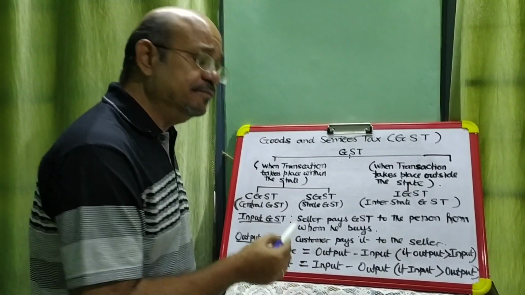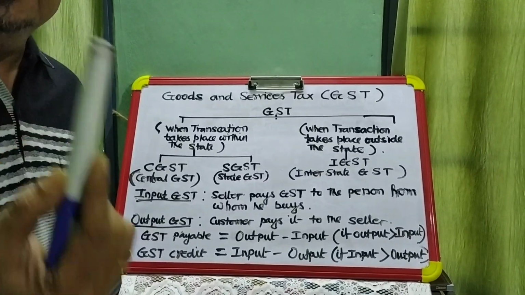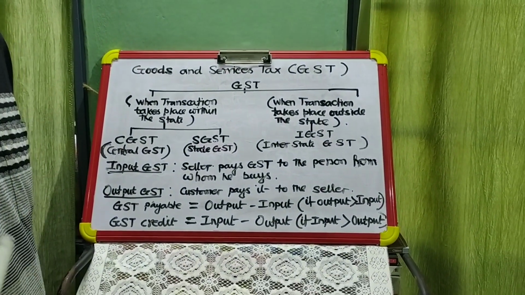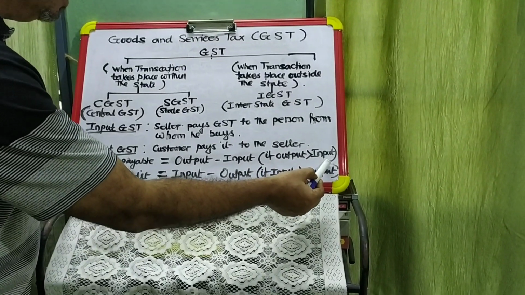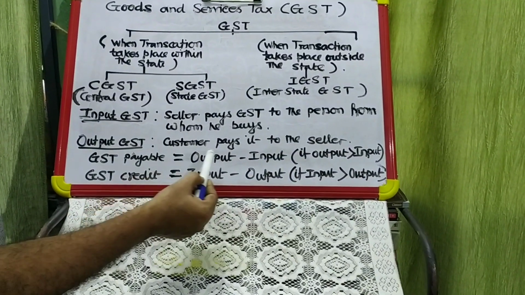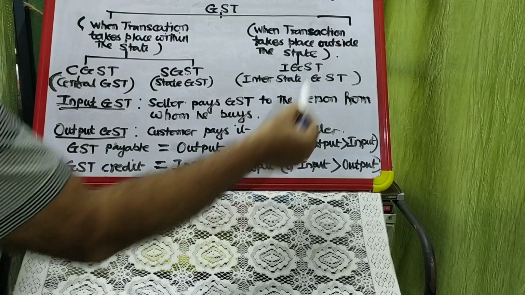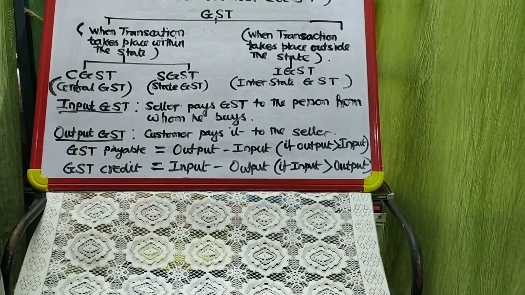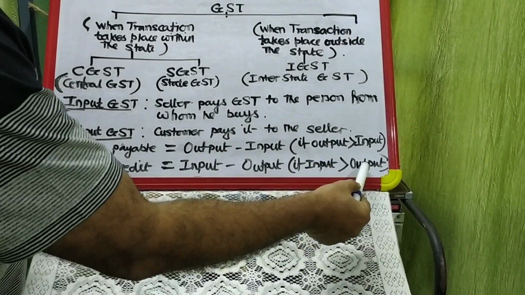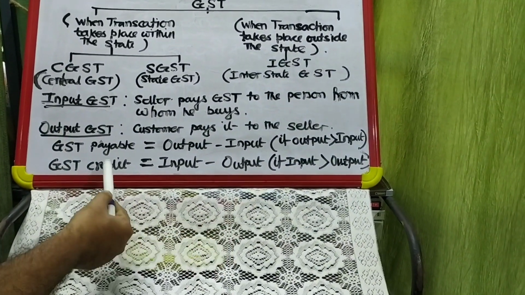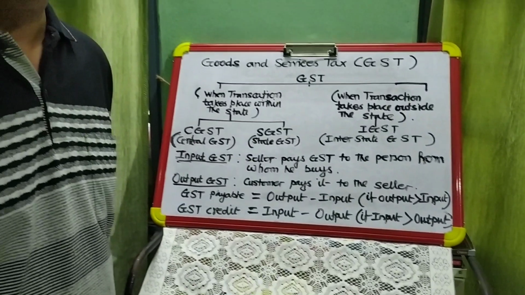Now the difference of these two is either the GST payable or the GST credit. If output GST is more than the input GST, then GST payable is output minus input. This goes to the government. The government gets this much amount. Whereas if input GST is more than the output, then GST remains as credit.